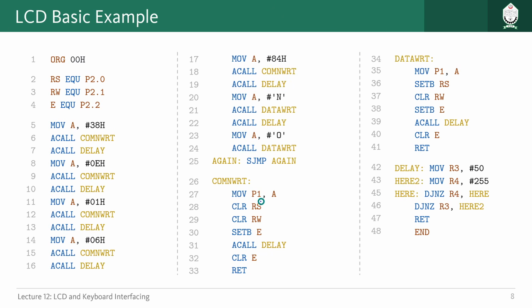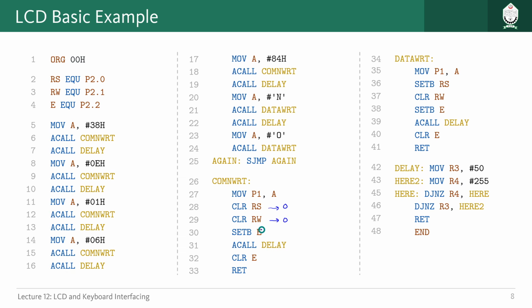So if I send the data to port 1, that will go onto our LCD data bus, right? Because here we are trying to write a command to the LCD, that will go to the command register, and for that RS should be 0, RW should be 0. We have already discussed that previously, so that's why both of these bits are cleared.